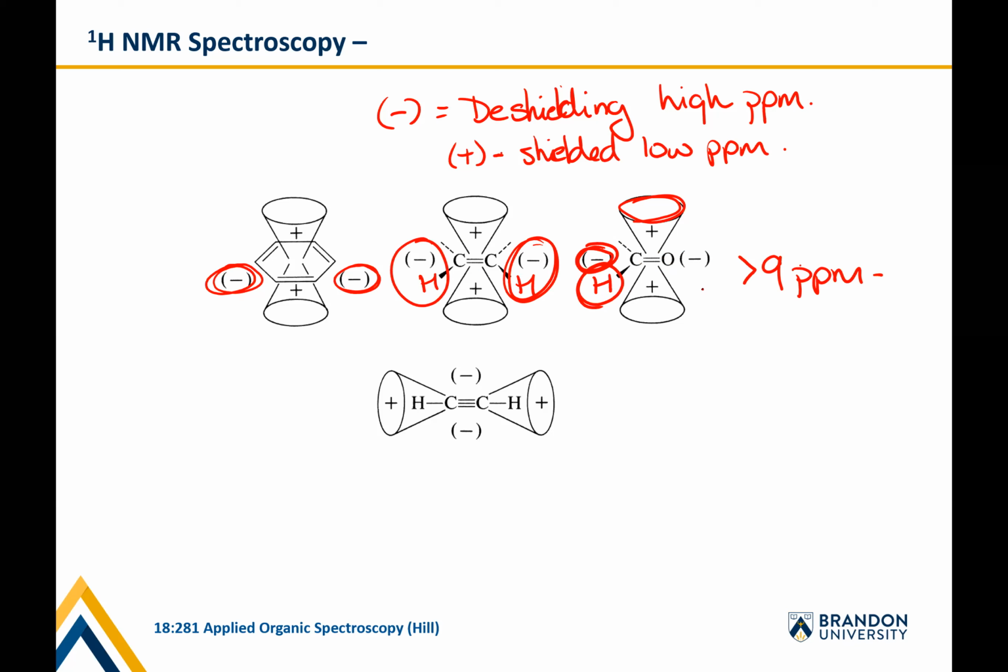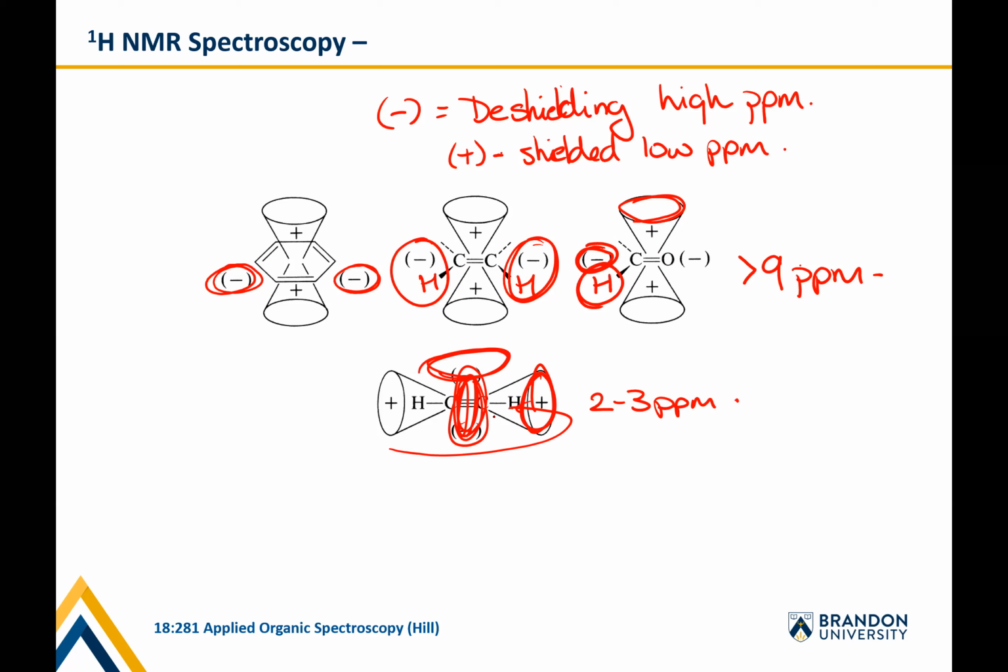Now the one example which is slightly different is with triple bonds. The protons actually are in a shielding zone, so they come out at around 2 to 3 ppm, because the electrons are circulating in this direction, so they're in a zone of high shielding.